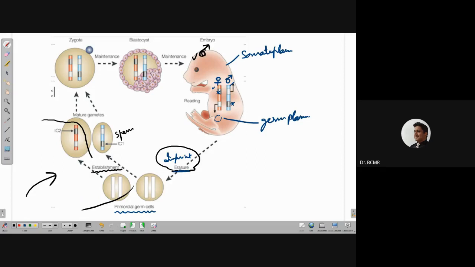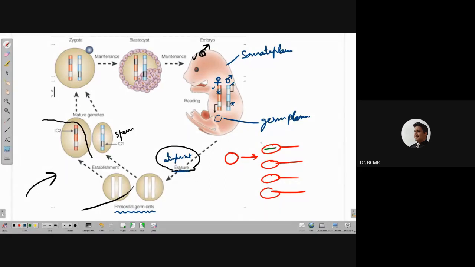That means what should it imprint? I will simply give it as a situation like this. Probably you can then try to answer, see what you can. So from one spermatogonia, you will eventually have four spermatids upon meiosis. Just for understanding, we will put it like this.